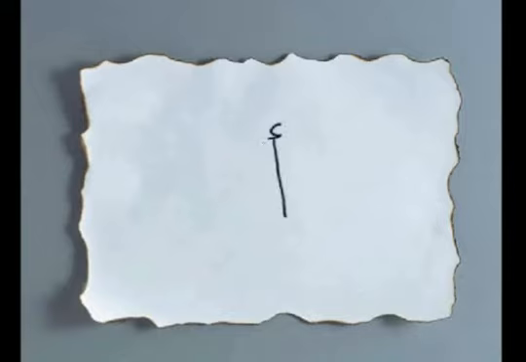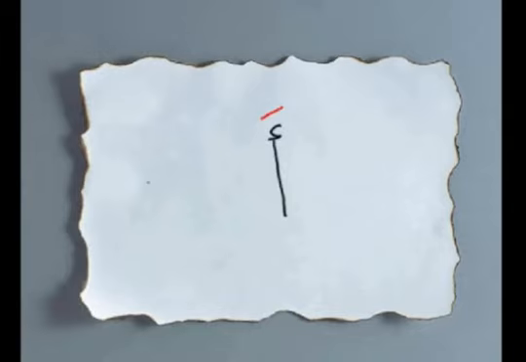Alif with fatha makes the sound a, as in Ahmed. The next letter, ba, with a fatha makes the ba sound. Say it with me, ba, as in bait.